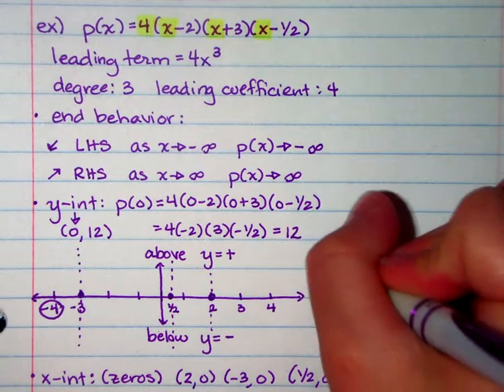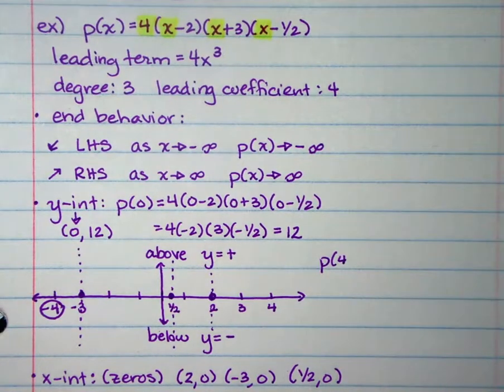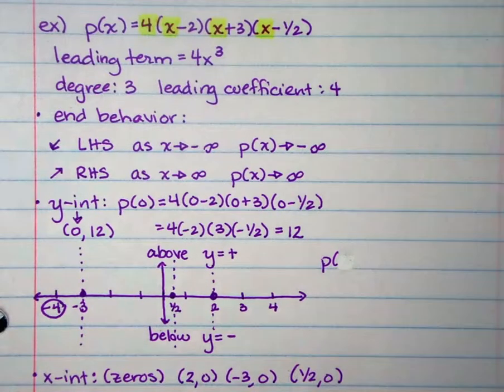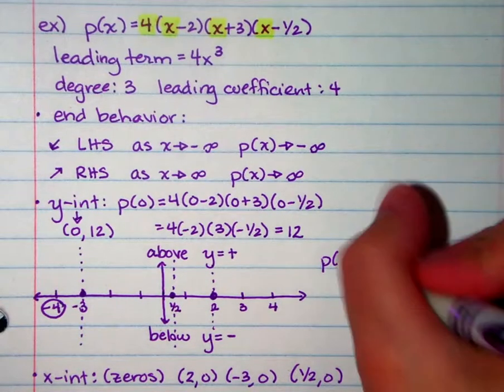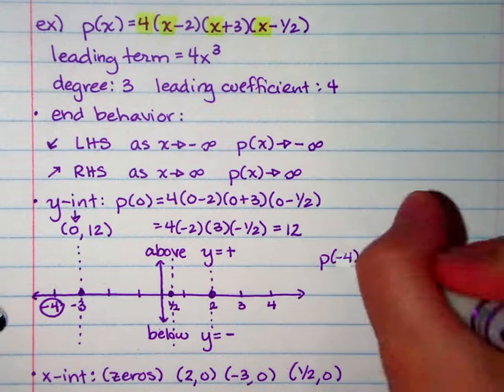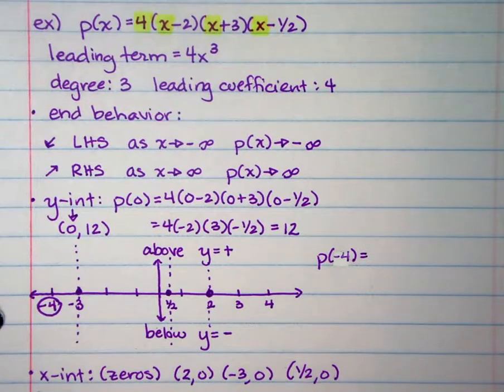I'm going to check p of 4. Oh, sorry, p of negative 4. Make sure we use the right sign. So I need to check p of negative 4. And I just want to know, is the sign positive or negative? And now I don't care about the actual number, just the sign.